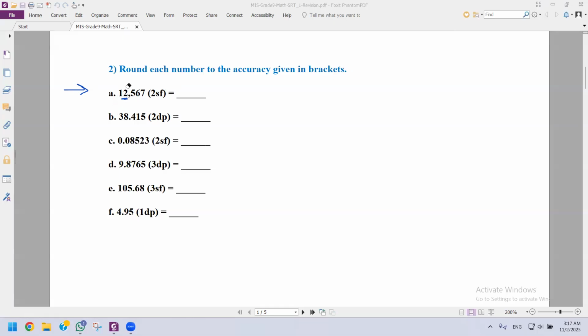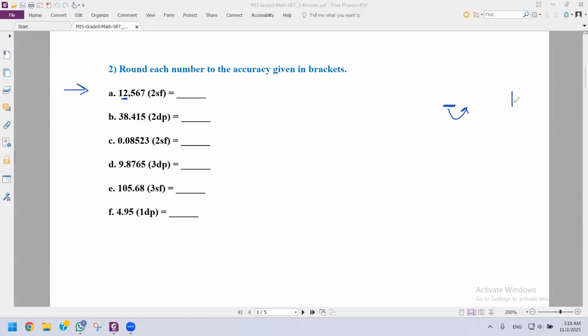Okay, we underline 2. Now, what are the steps for rounding? First of all, I underline the degree of accuracy that is mentioned, which is 2 here, 2 significant figures. Then we look at one number behind.